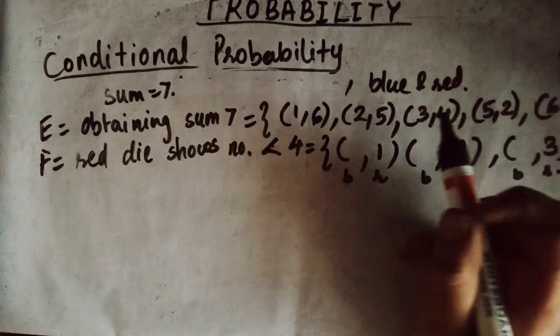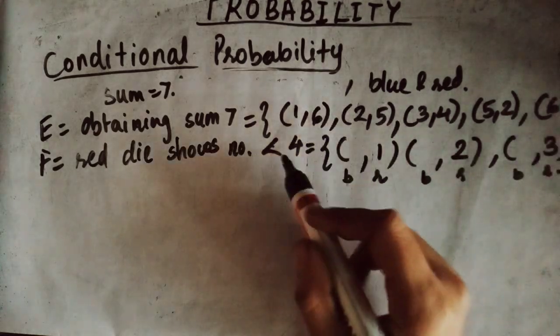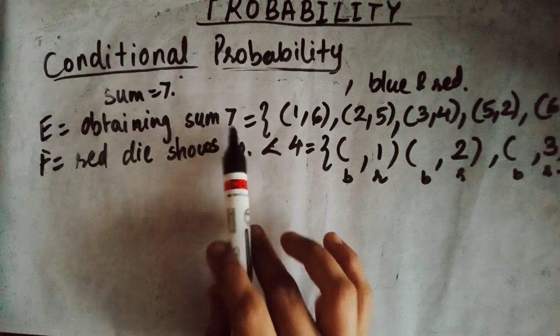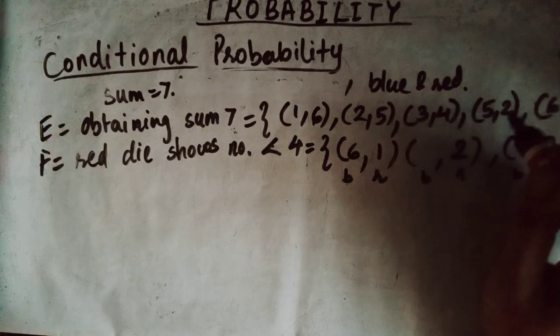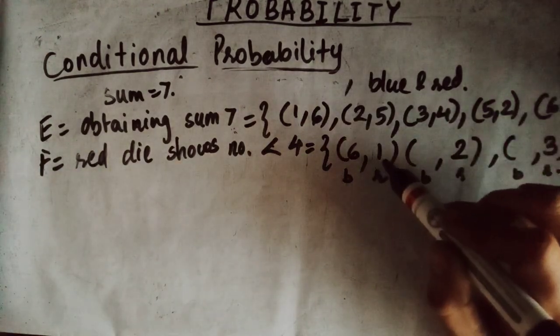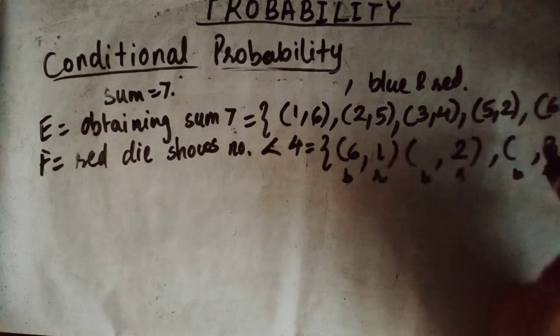Okay. This doesn't have a condition that it has to be 7. Okay. So we'll have all the combinations. Only thing is this red should have a 1, 2, 3.